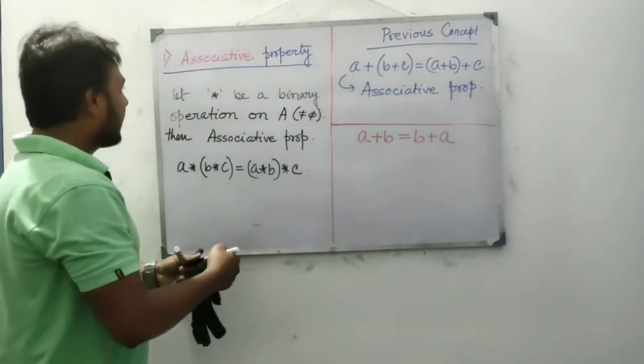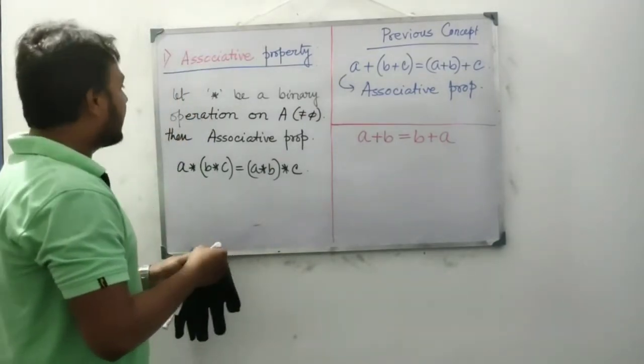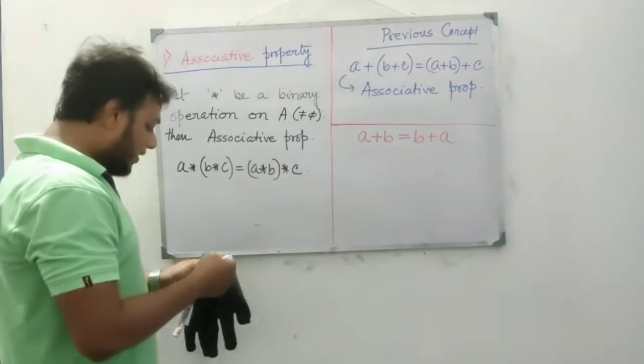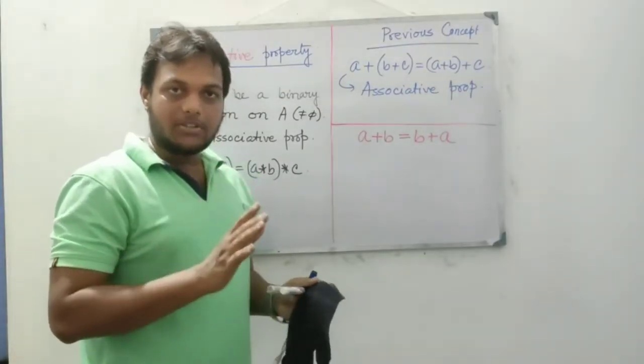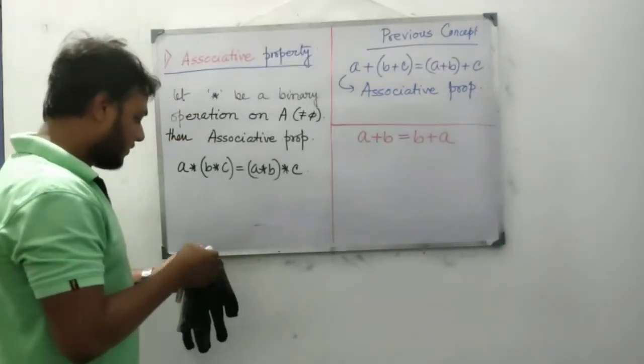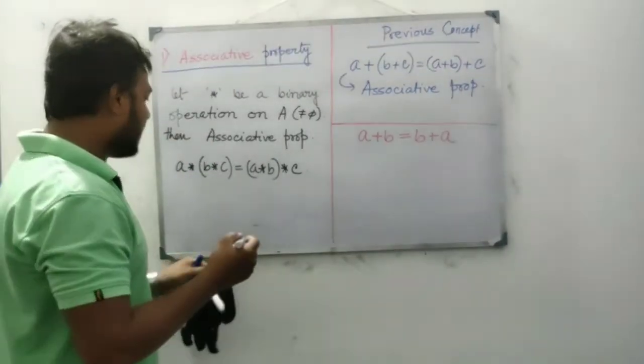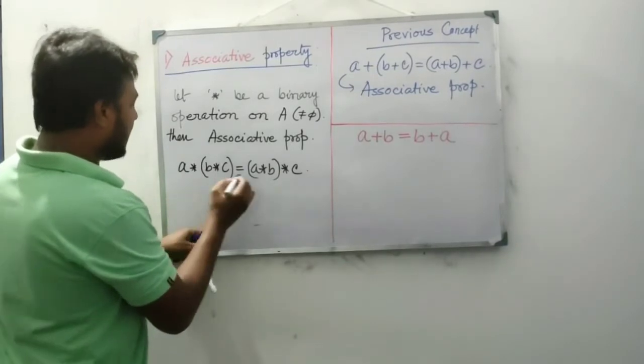But in binary operation, an operation is said to be commutative if A star B equals B star A. So I am writing here, this is the associative property.